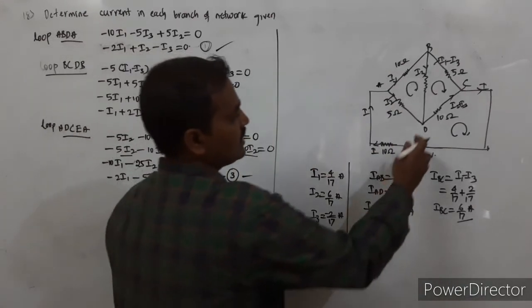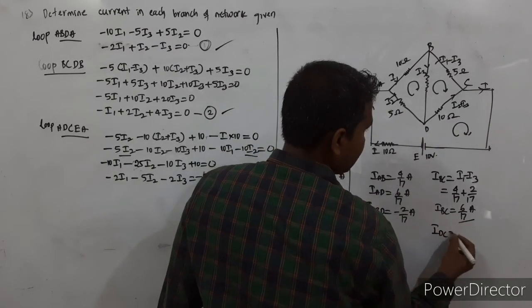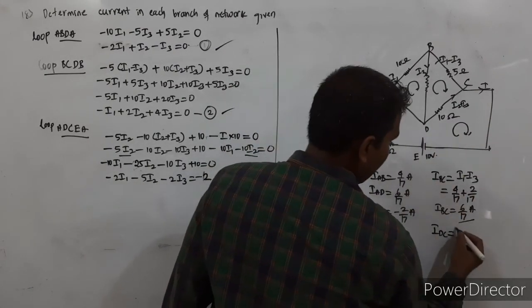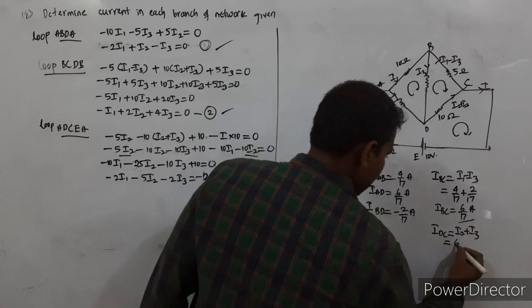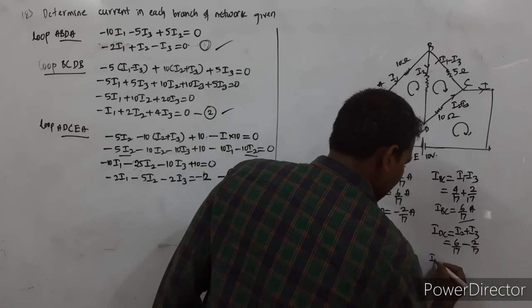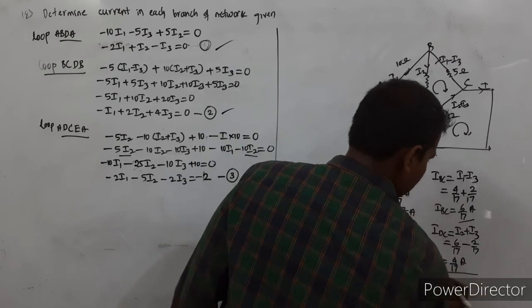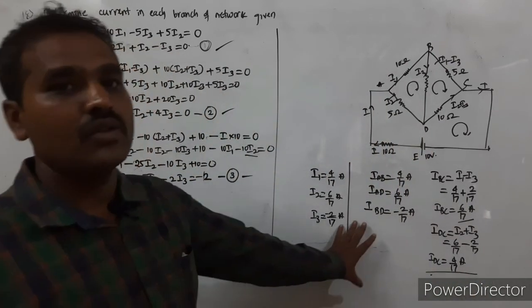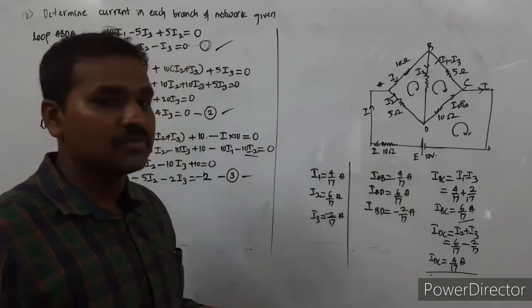Similarly the current between D to C, IDC, is equal to I2 plus I3. I2 is 6 by 17 minus 2 by 17, so IDC is equal to 4 divided by 17 amperes. Okay, these are the values of currents in different branches of the Wheatstone's bridge given.